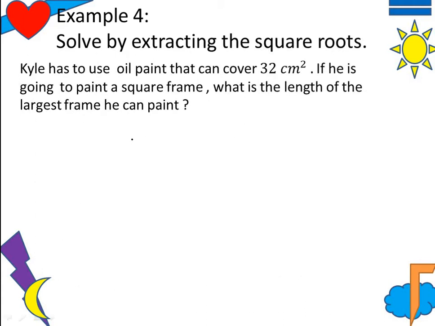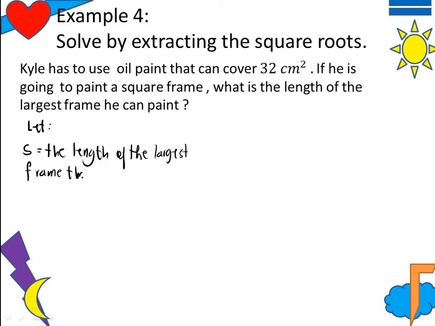Okay, item number 2. Kyle has oil paint that can cover 32 centimeters square. If he is going to paint a square frame, what is the length of the largest frame that he can paint? So let S be the length of the largest frame that he can paint.